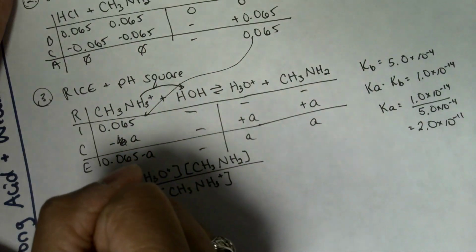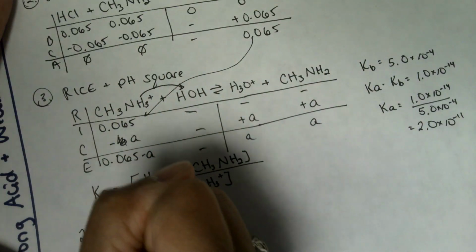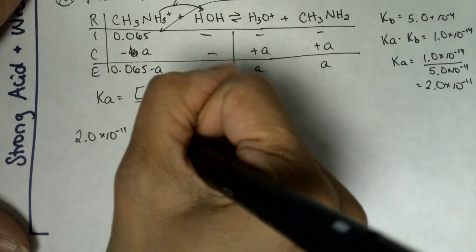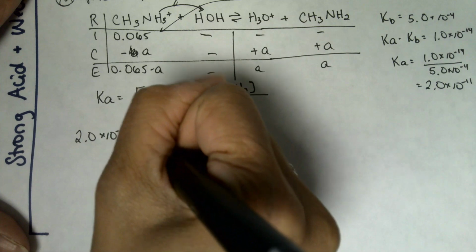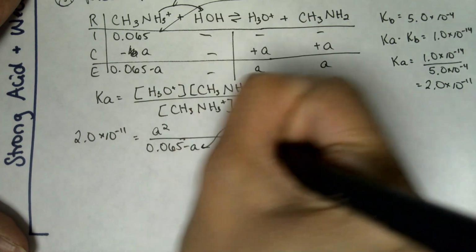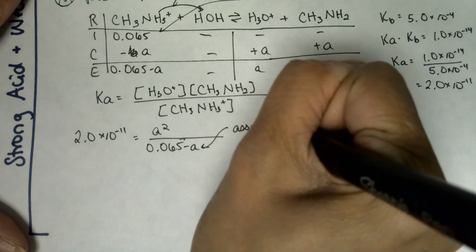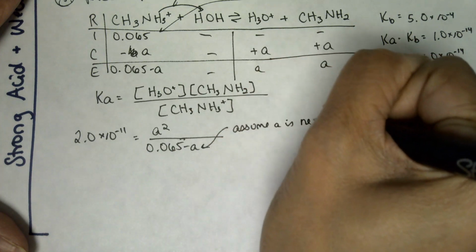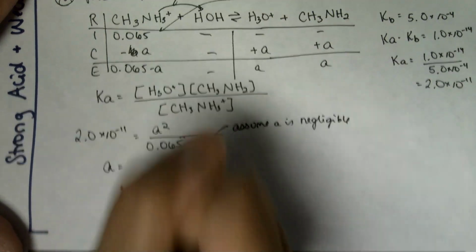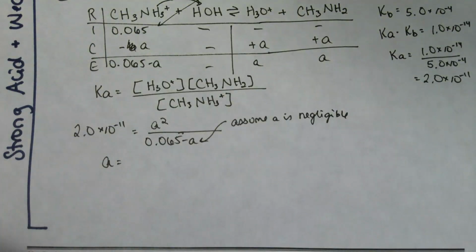So let's stick those in there. 2.0 times 10 to the negative 11 equal to, we've got a squared at the top, over 0.065 minus a. Assume a is negligible. Cool. When you do that, do the math on that. I'm doing the math as well.